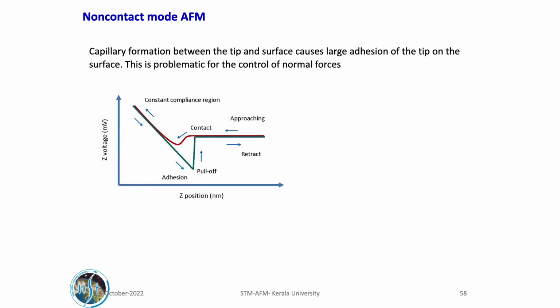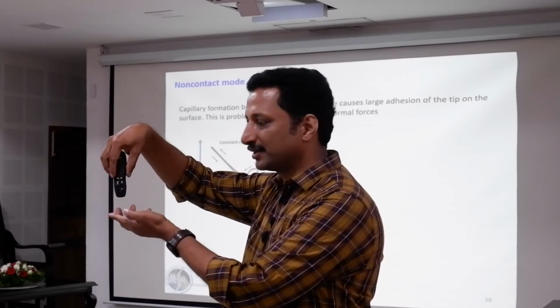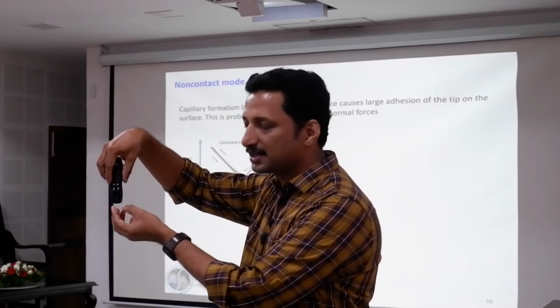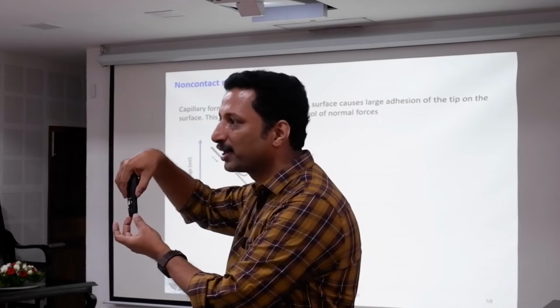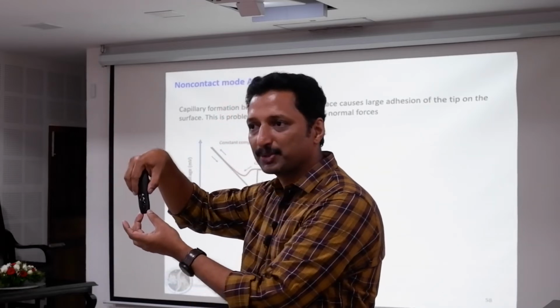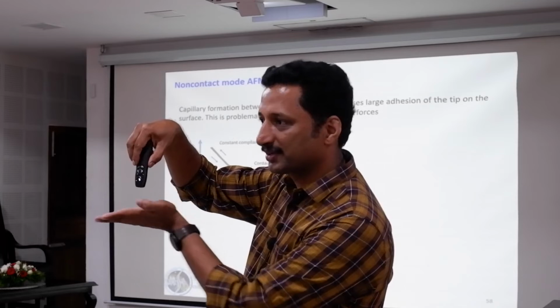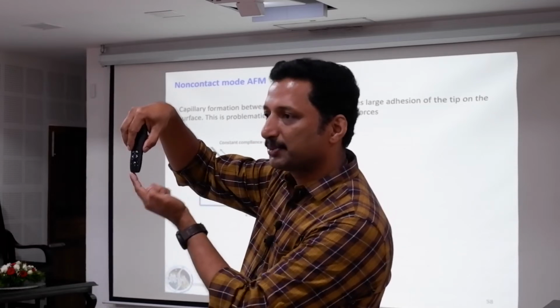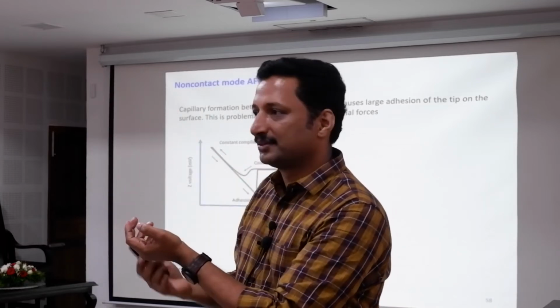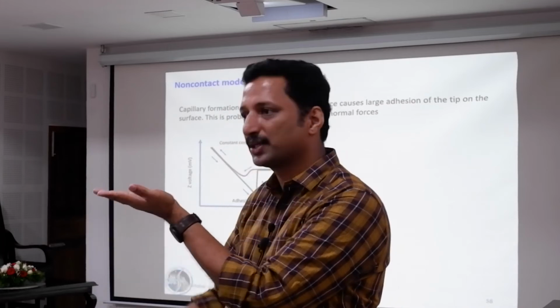Okay, capillary. This was my PhD topic actually. The capillary formation between the tip and the surface. Even at room temperature, if water molecules get in between the tip and the surface, they will freeze there. It will form ice, even at room temperature, because only a few monolayers of water come there, and we have a tip here which takes the heat out, and a sample here that also takes heat out.